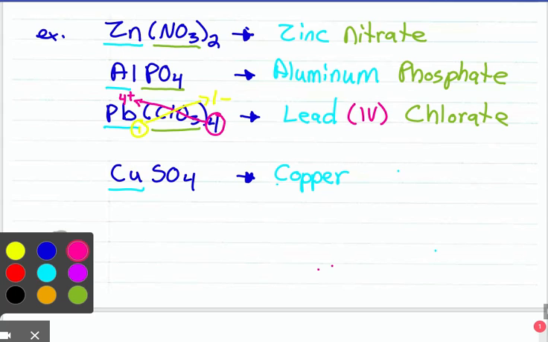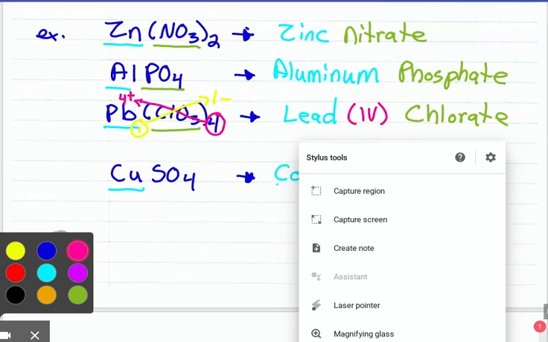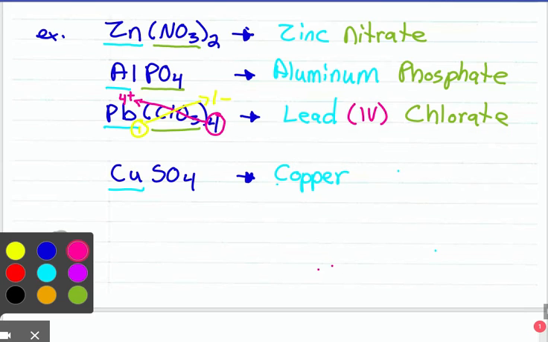Now, be really careful here because you just need to make sure that you don't accidentally reverse crisscross this 4. This 4 is attached to this oxygen. So it's not the 4 that's going to reverse crisscross. It's the invisible 1 right here.